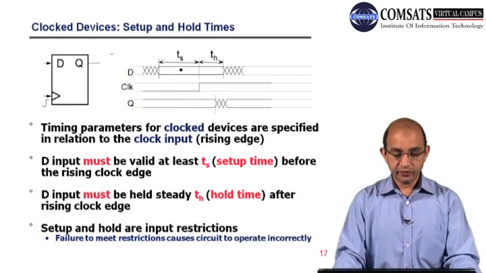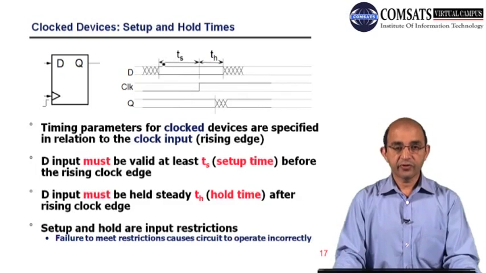So here we have the timing diagram. You can see we have TS, this is the input D, and this is TH, this is the clock. The input has to remain there till the clock edge arrives.